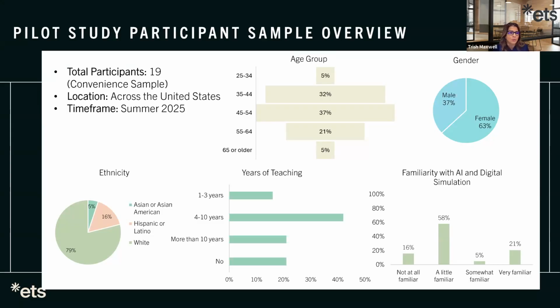Participants varied in age, with most between the ages of 35 and 64. 79% of the participants had previous teaching experience, with most of them having about 4 to 10 years of teaching experience. And finally, 58% of the participants reported that they were at least a little familiar with using digital simulations or AI-powered tools in educational contexts.